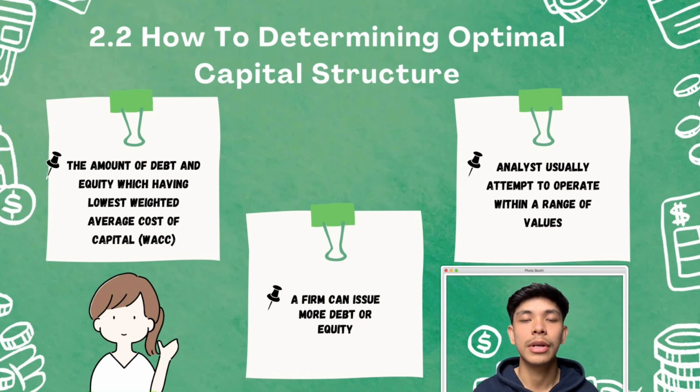Since it is difficult to pinpoint the optimal capital structure, analysts usually attempt to operate within a range of values. It also takes into account the signals of their financing decision that could be sent to the market. A company with good prospects will try to raise its capital by using debt rather than equity.